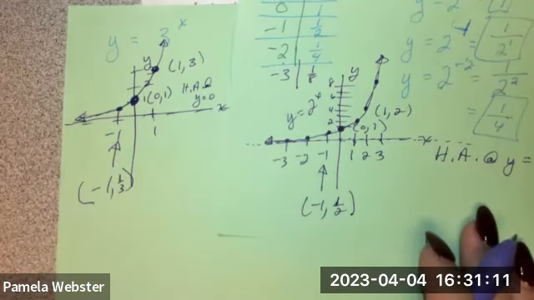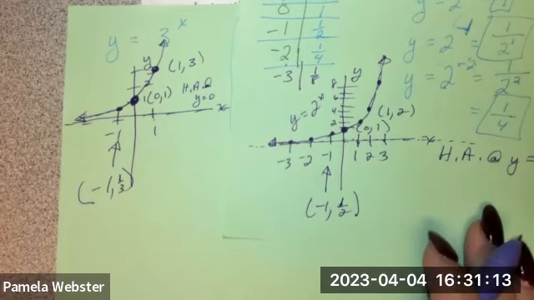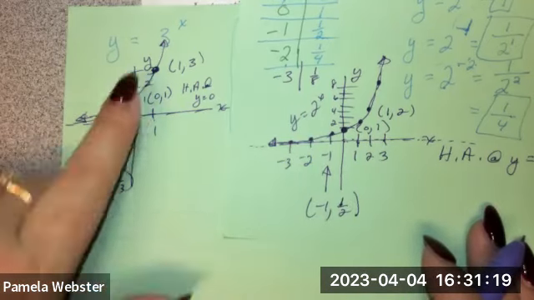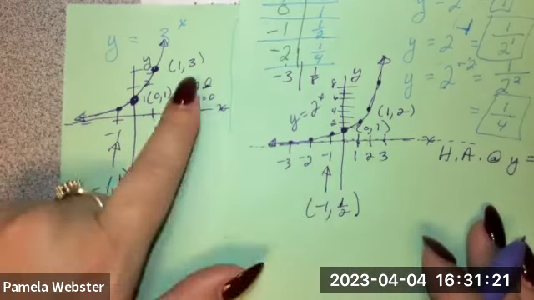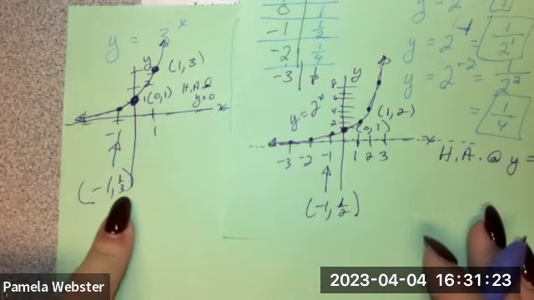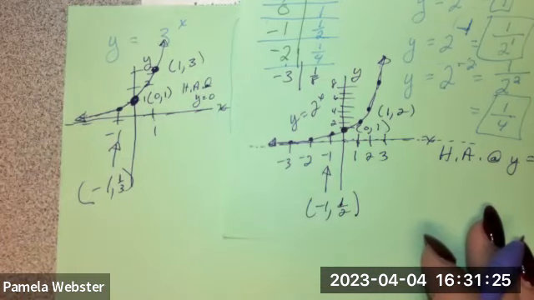So I feel like those points look really similar. They're just changing based on what the base here is, right? A 2 versus a 3. Here it's a 2, here it's a 3. Here it's a 1/2, here's a 1/3. So they're very similar. They're just going to be determined by what your base is, okay?